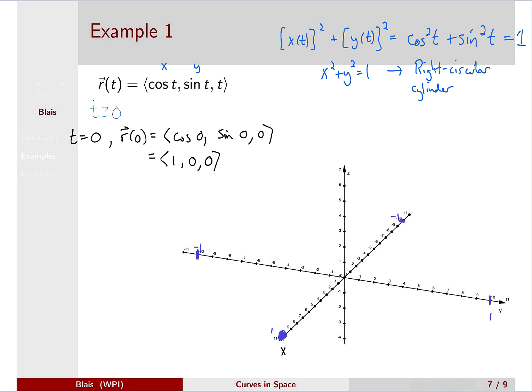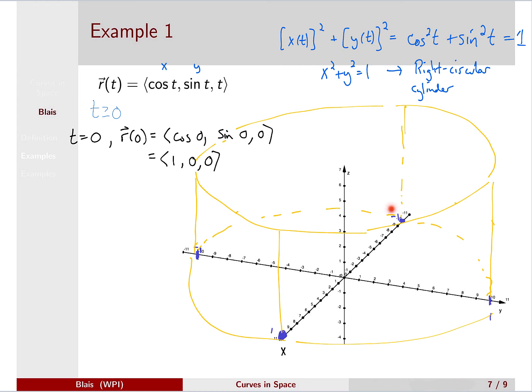Specifically, it's that right circular cylinder. So when we say right circular cylinder, think like a can. And projecting down into the xy plane, the shadow of the particle, if there were a light shining directly from above, would be moving around on the unit circle in the xy plane.